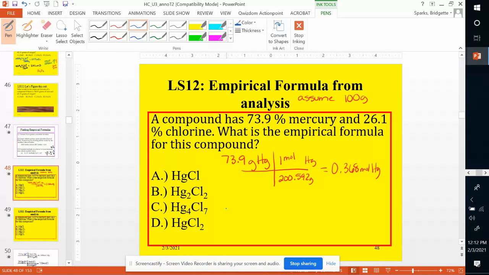If I assume 100 grams and 26.1% of it is chlorine, then that means 26.1 grams is chlorine. I'm going to divide by the molar mass of chlorine, which is 35.45 grams, and I see that I have 0.736.